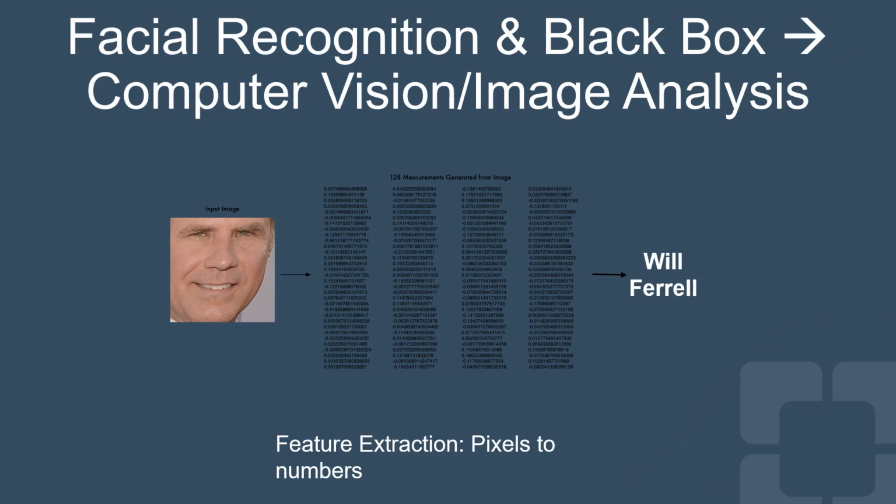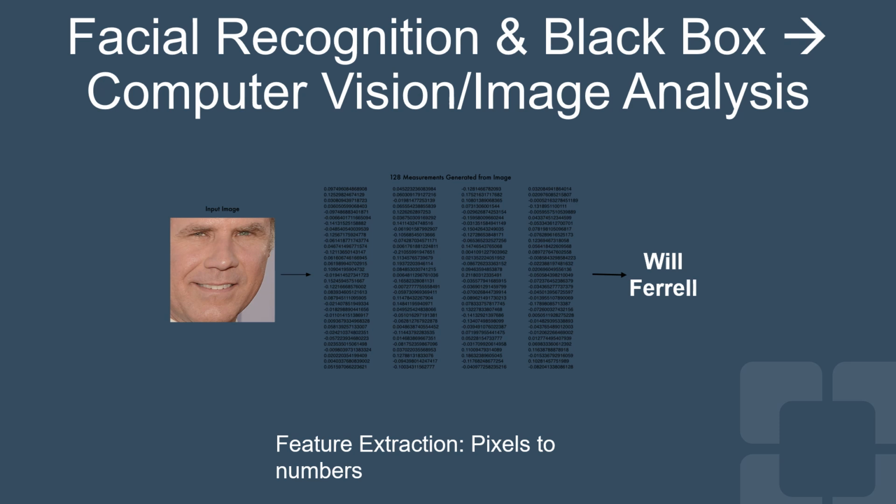Now let us look at one more concept, which is the fact that a lot of times the algorithm is a black box. What does that mean? Let's take the example of facial recognition.